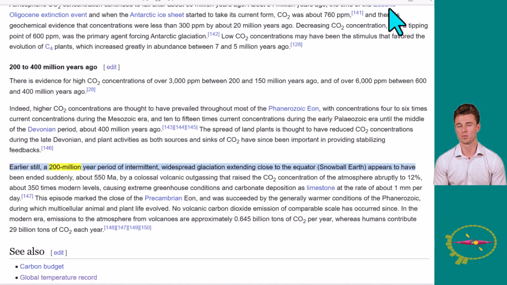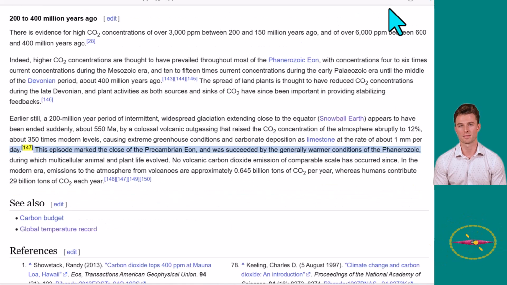Earlier still, a 200 million year period of intermittent, widespread glaciation extending close to the equator, snowball Earth, appears to have been ended suddenly, about 550 Ma, by a colossal volcanic outgassing that raised the CO2 concentration of the atmosphere abruptly to 12%, about 350 times modern levels, causing extreme greenhouse conditions and carbonate deposition as limestone at the rate of about 1 mm per day.